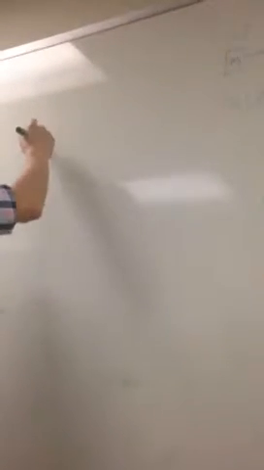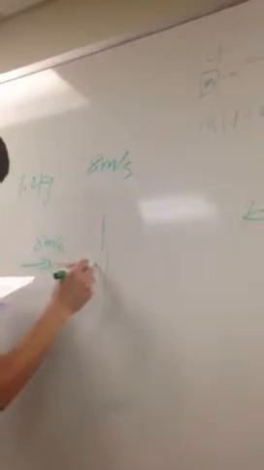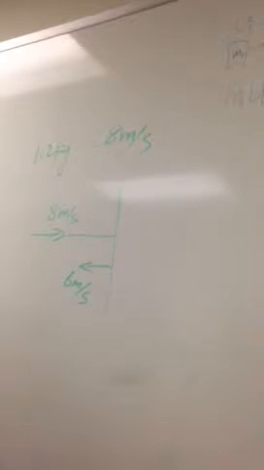So the first question is a 1.2 kilogram object moving with a speed of 8 meters per second toward a wall, and then it comes back with a speed of 6 meters per second in the opposite direction.